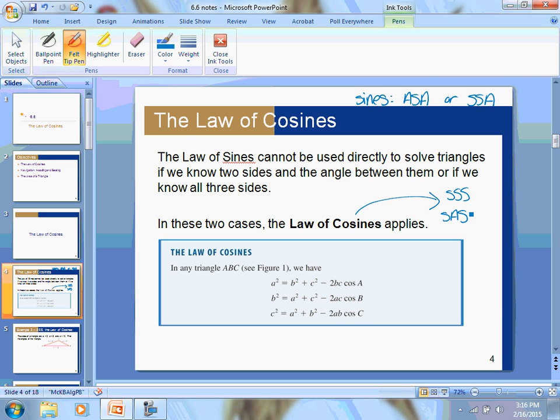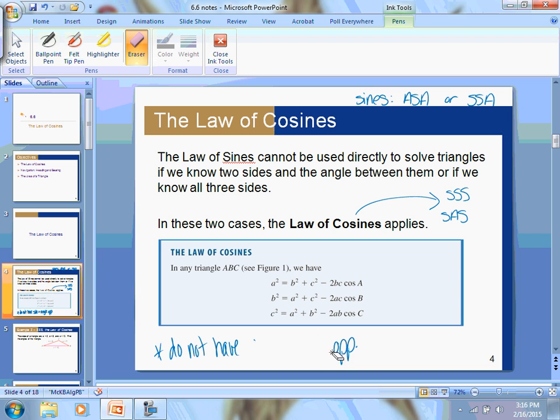And the law of cosines is basically three formulas, and these formulas can help you find any angle or any side of a triangle. But this is when you do not have a side and the angle that's opposite from it. Or maybe I should write that a little bit better.